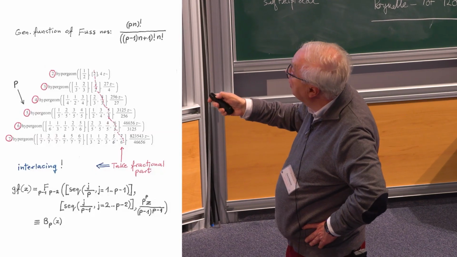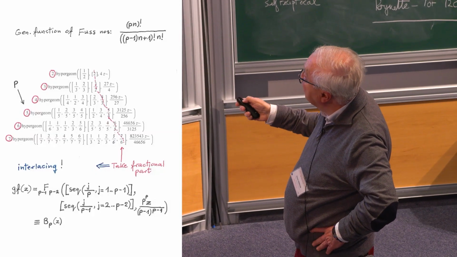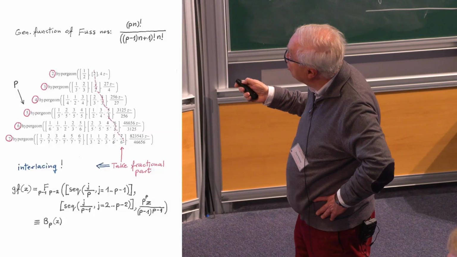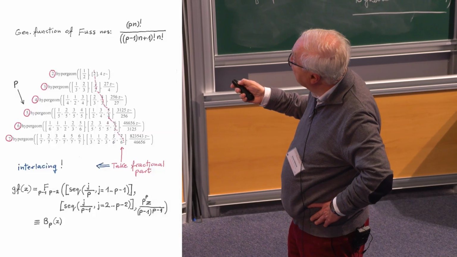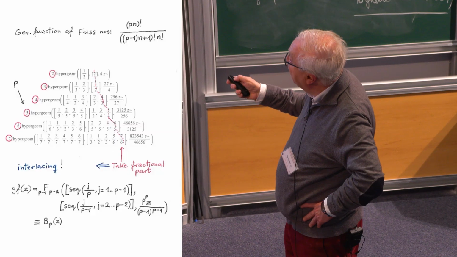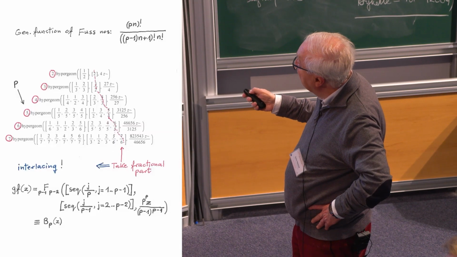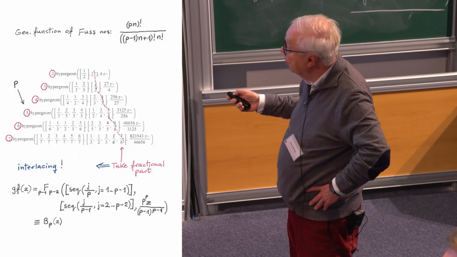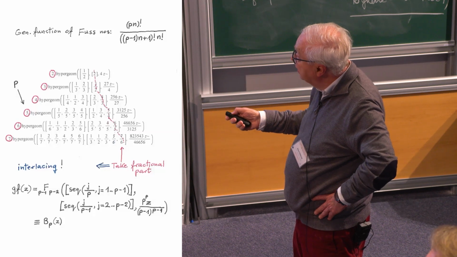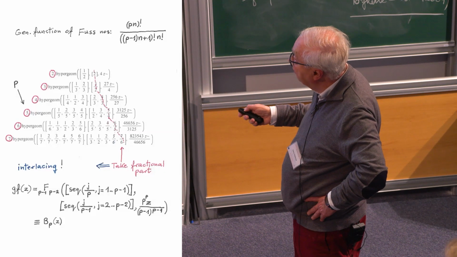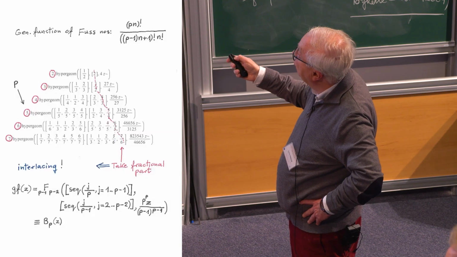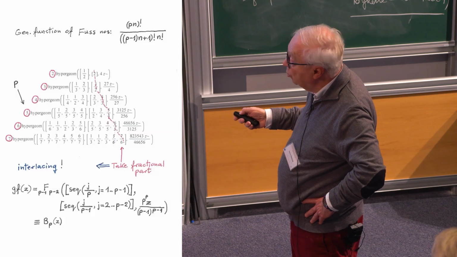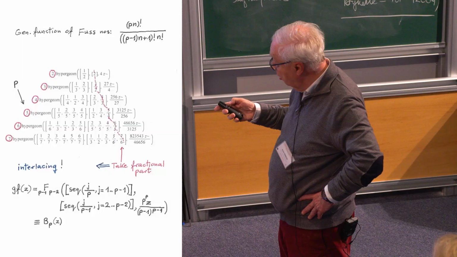As a function of p, I see here a nice sequence of hypergeometric functions which have one defect, namely one of these parameters at the end of the lower series is larger than 1, so we take the fractional part. Okay, we take the fractional part, and then we can write down the general formula for these Fuss numbers, and it is equivalent to the b_p that I've seen before.